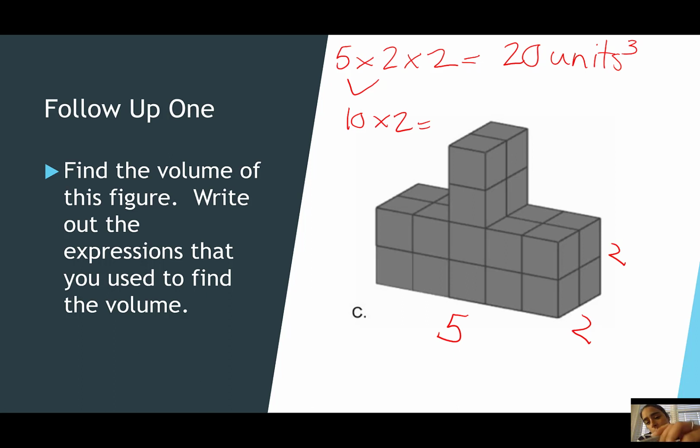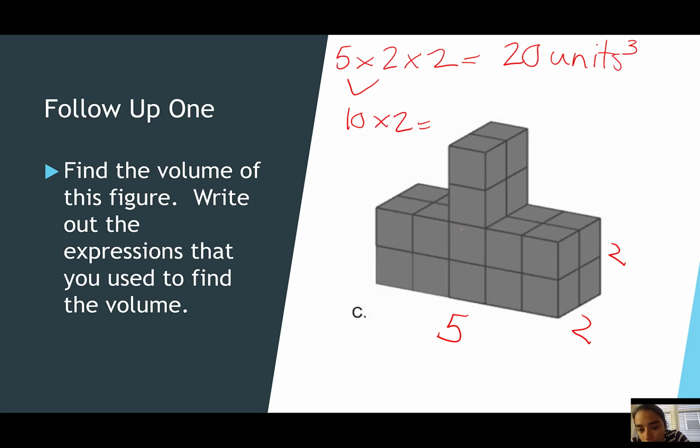And then if I want to find the volume of the box on the top, there's two ways you could do it. You could clearly see it's just 4 cubes and I could count it, or I could do that the length is 1, the width is 2, and the height is 2.